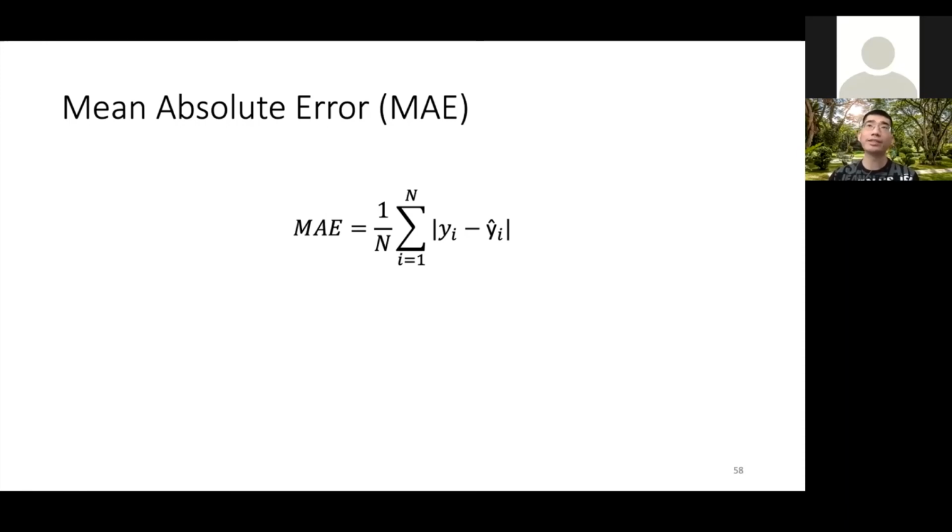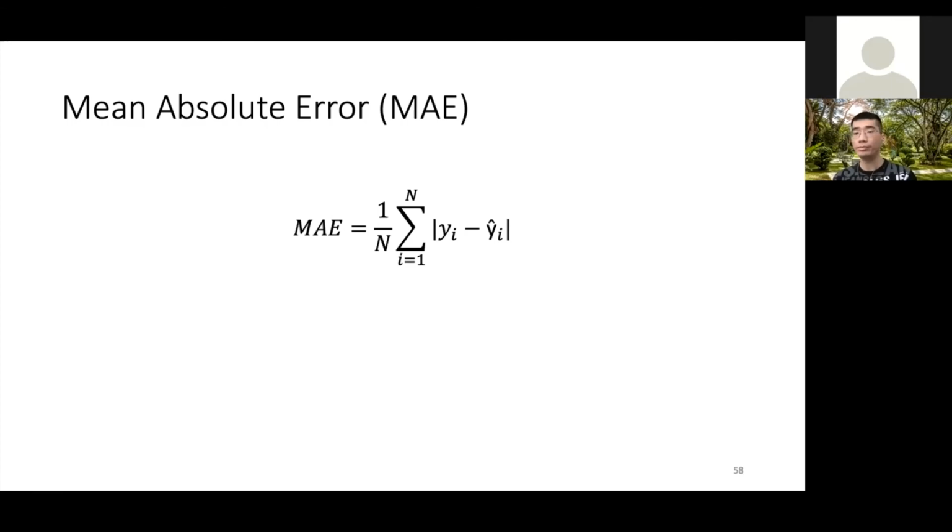Okay, the second one is mean absolute error, or MAE, which is similar to MSE. However, instead of the sum of squares of error as in MSE, MAE takes the sum of absolute values of error. So compared to MSE or RMSE, MAE is a more direct representation of the sum of error terms, where MSE gives larger penalization to big prediction errors by squaring them, while MAE treats all errors the same.